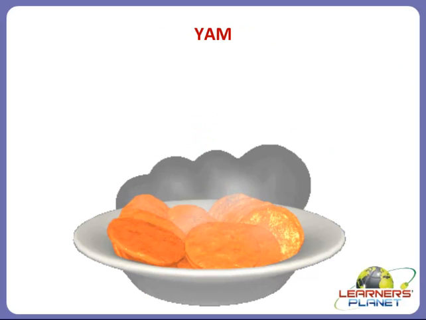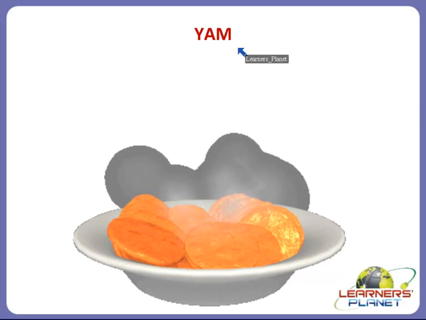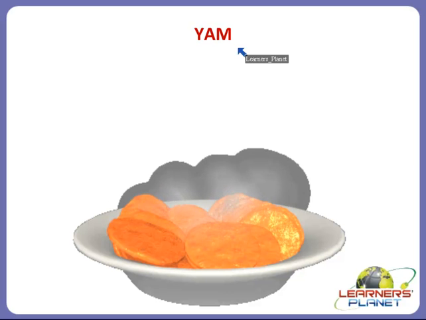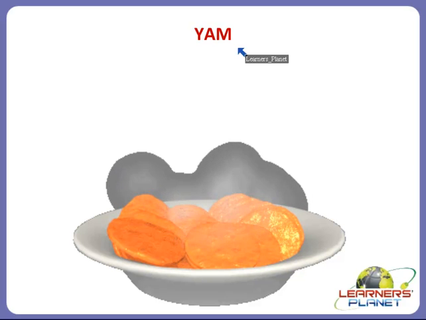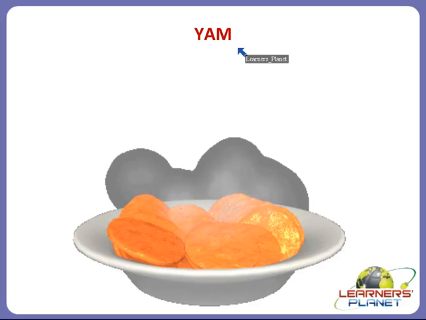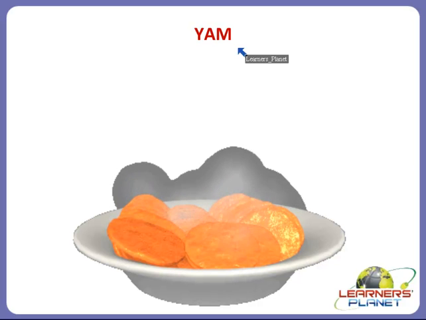Then yam. Yam is also referred to as sweet potato, or we can say that sweet potato and yam can be used as a vegetable, as our food, right? But these possess roots and they are able to germinate from their roots, right?